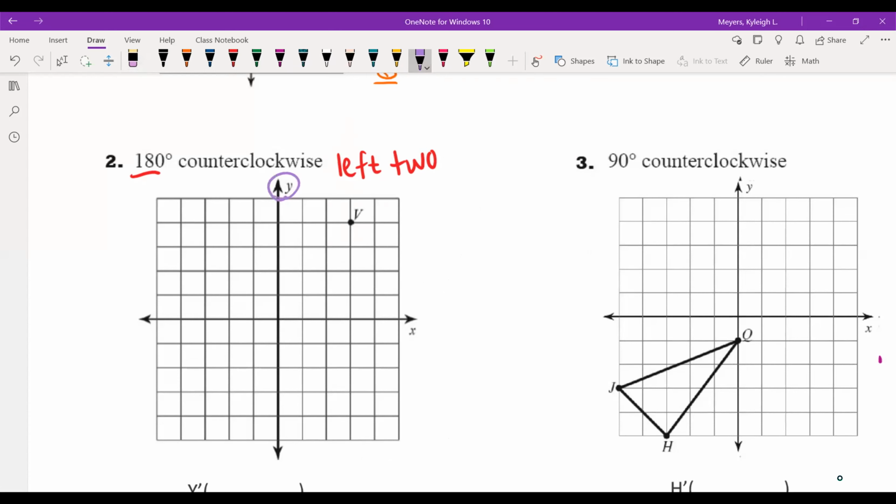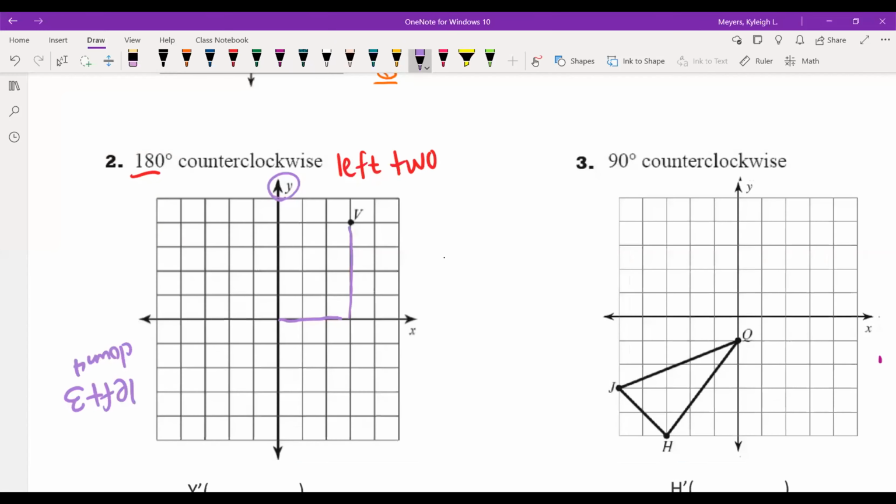I want my Y to be at the bottom. So how do I get to this Y? Well, I go left 1, 2, 3. I go left 3. Then I go down, 1, 2, 3, 4. Left 3, down 4.